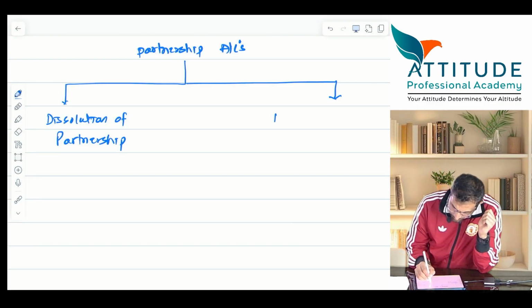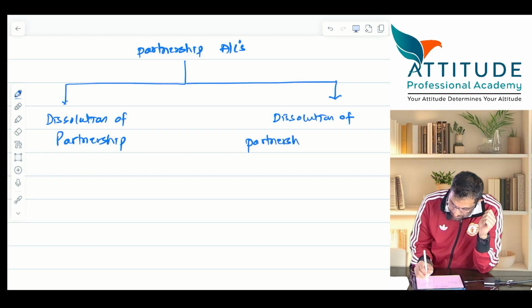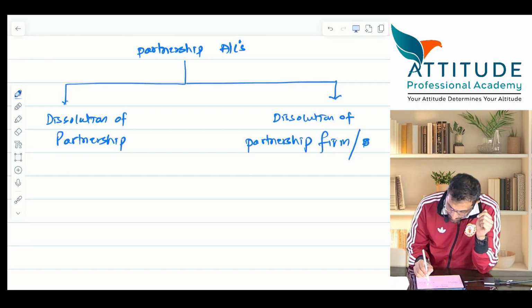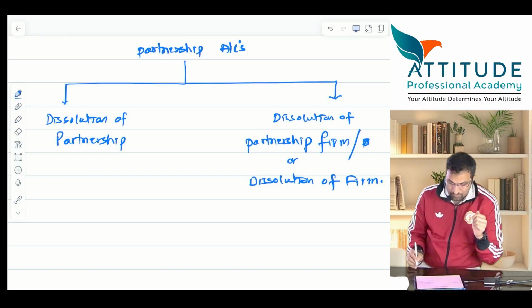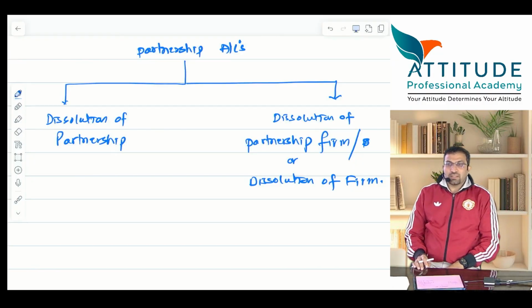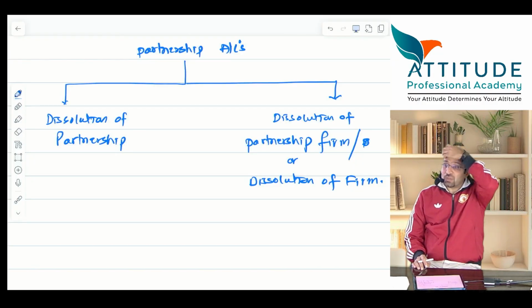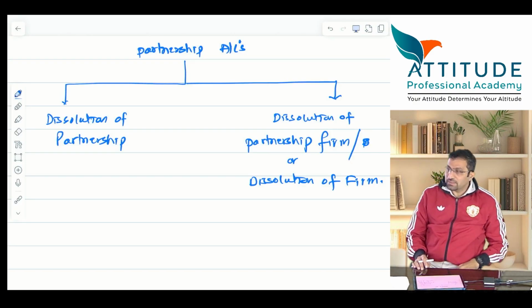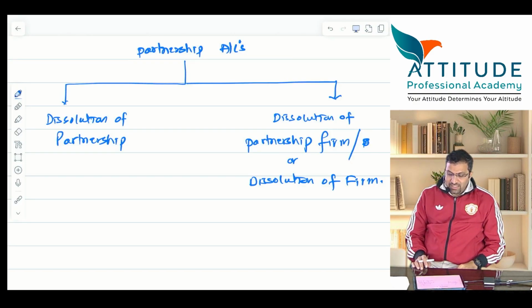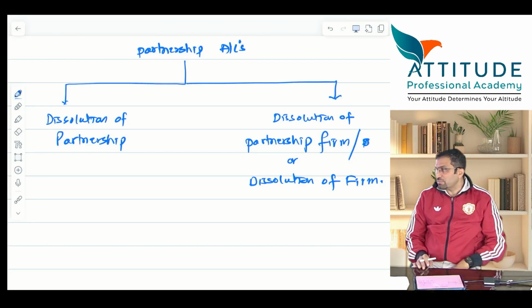Another is dissolution of partnership firm, or it is also known as dissolution of firm. So as far as your partnership accounts is concerned, it is bifurcated into 2 parts: dissolution of partnership and dissolution of partnership firm, or dissolution of firm simply.